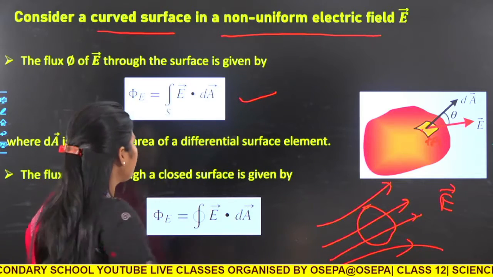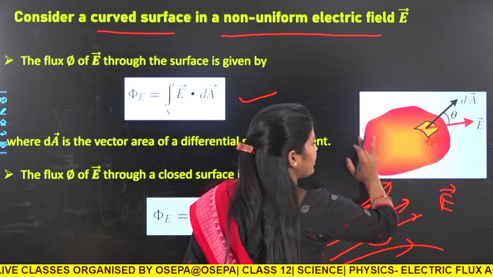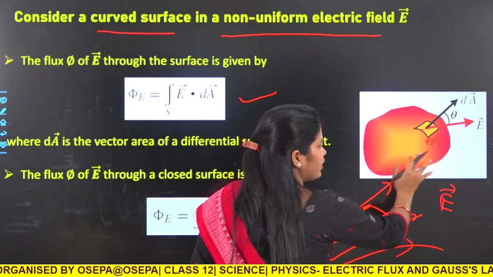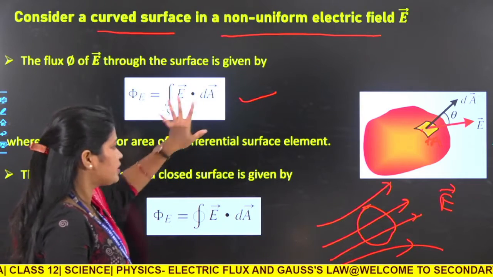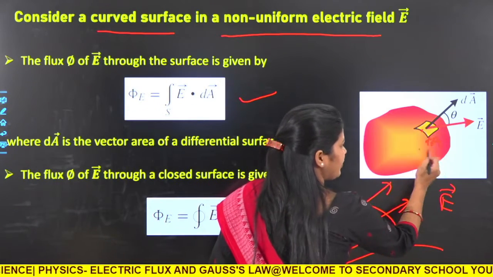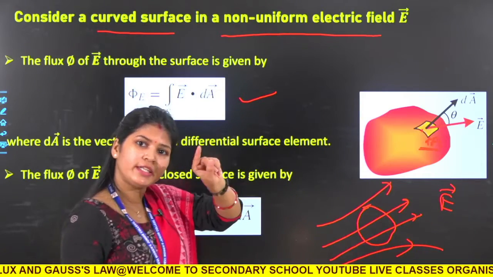When we are considering a non-uniform electric field, we will do an integration, because for the small area element dA the small flux will be d phi.